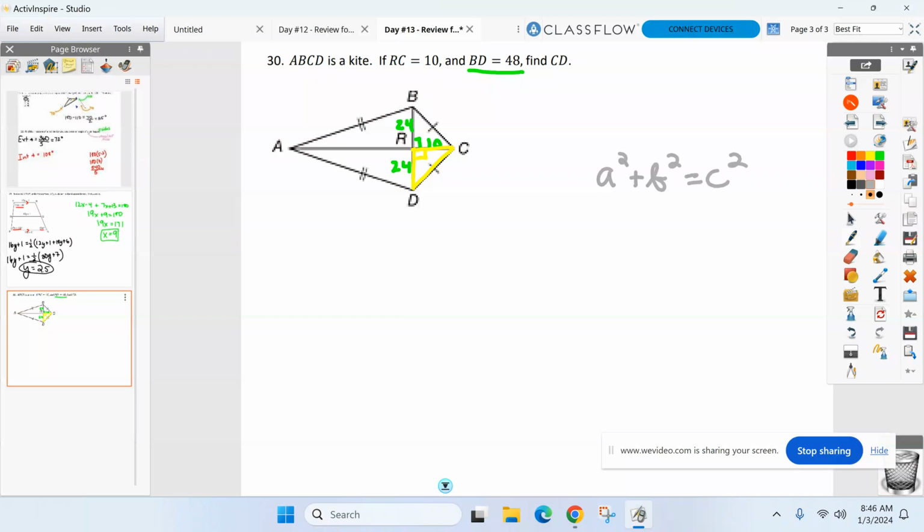Where are the 10 and 24 going here? A, B, C? Where should the 10 and the 24 go here? A and B, right? Those are the two sides that make up the right angle. 10 squared. Make sure, hey, maybe tomorrow I flip it on you. Maybe the 24 is over on the hypotenuse, so you plug it in for C. Be careful. All right, A and B are the sides that make up the right angle, the legs. CD is your hypotenuse across from the right angle.